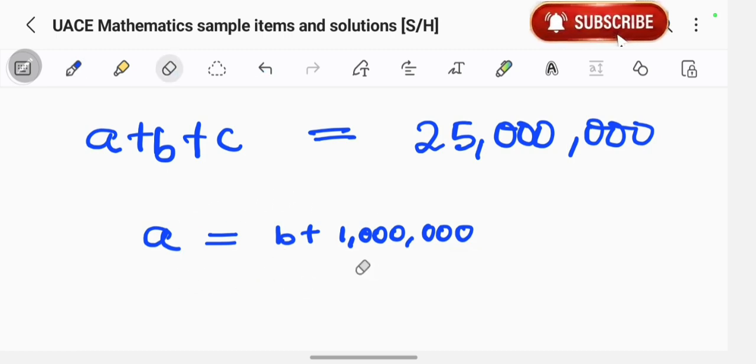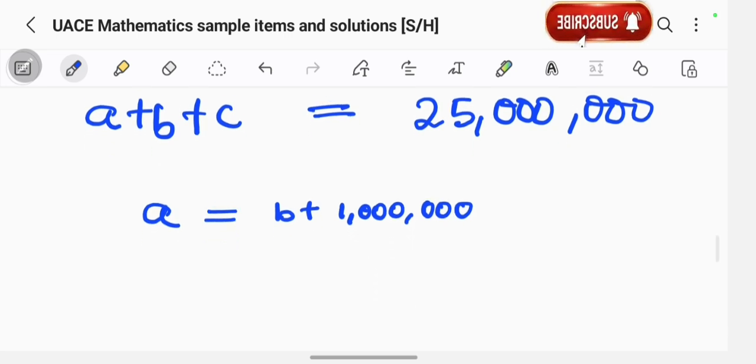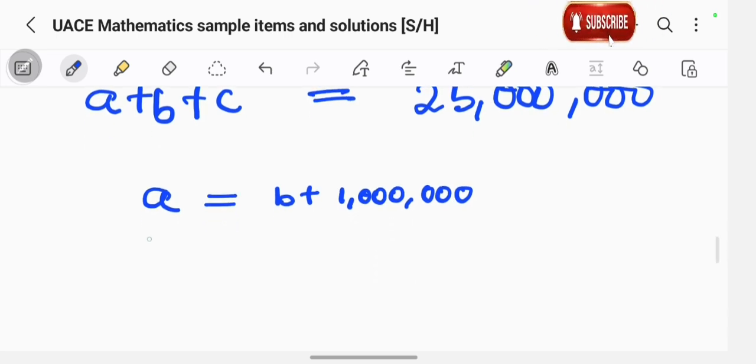Then we move on to the last part, which says that A plus C is equal to B times 3.